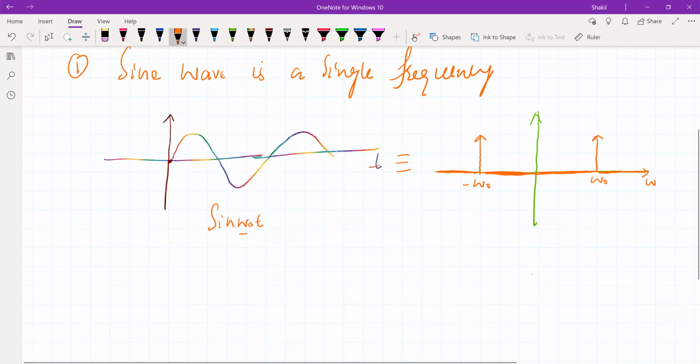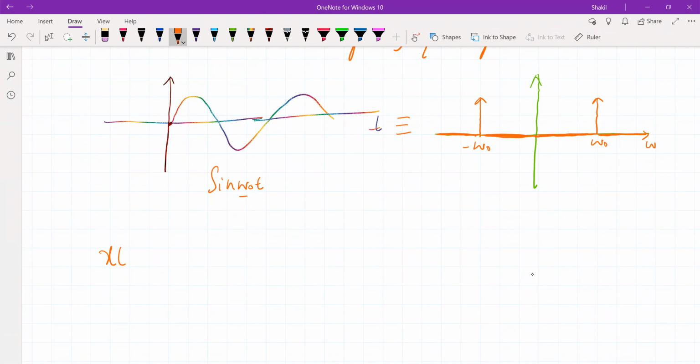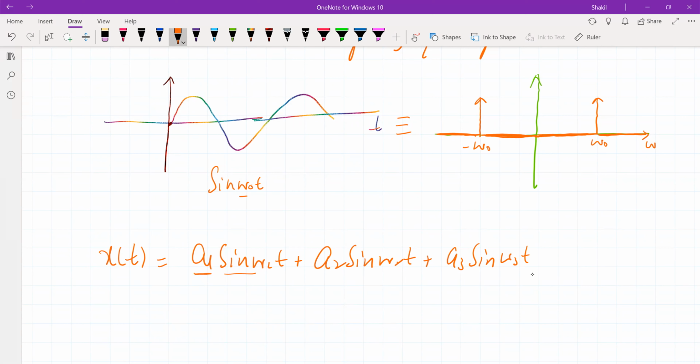Remember that. When we express x of t like this, a1 sine omega 1 t plus a2 sine omega 2 t plus a3 sine omega 3 t, the amplitude a1 determines how much content of this sine wave is contained in x of t.